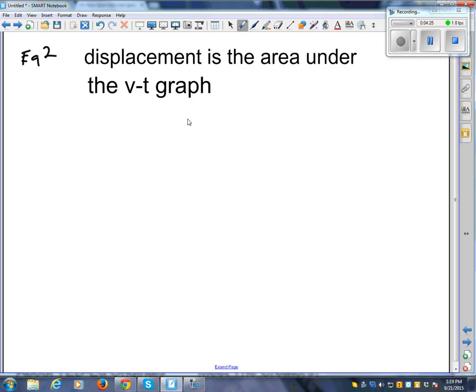Okay, so give me a second here while I draw this, because I always mess it up a little bit. Okay, so I've got a VT graph.